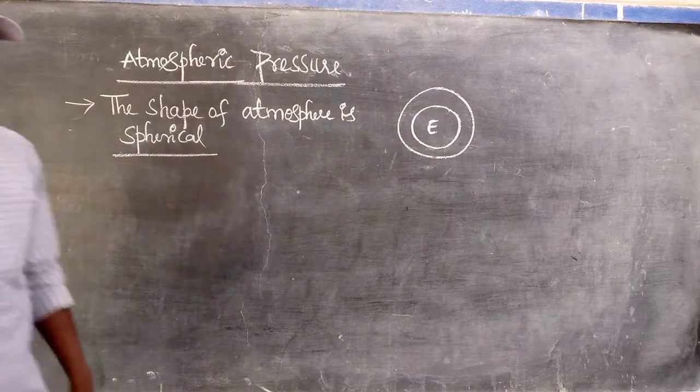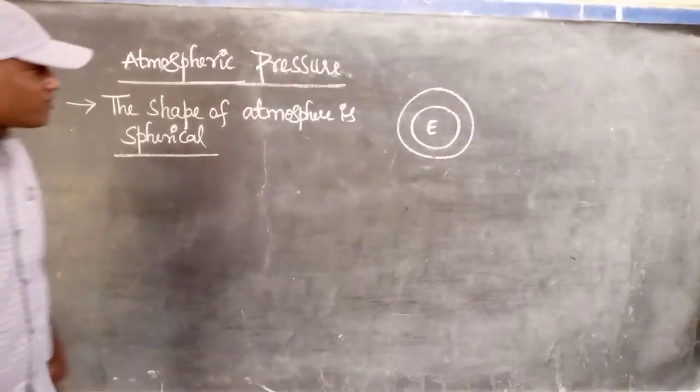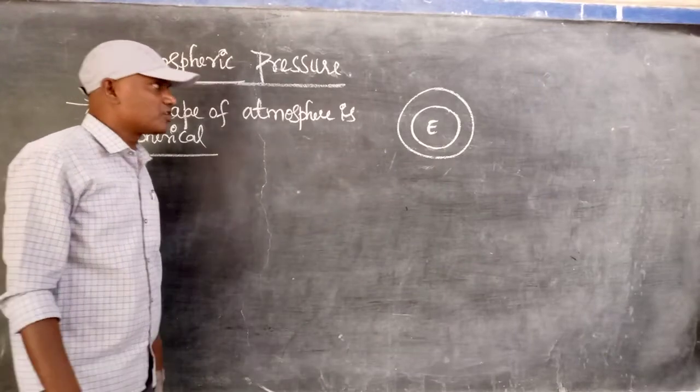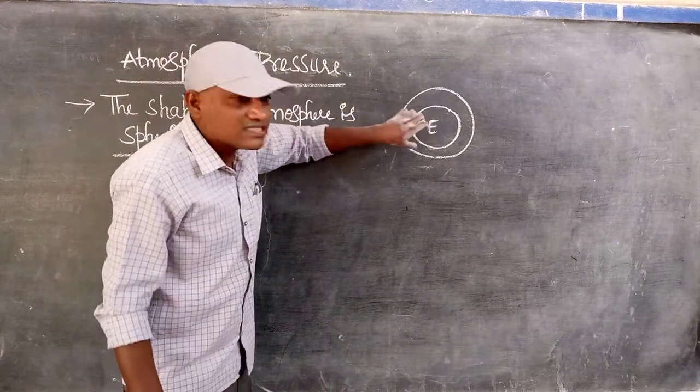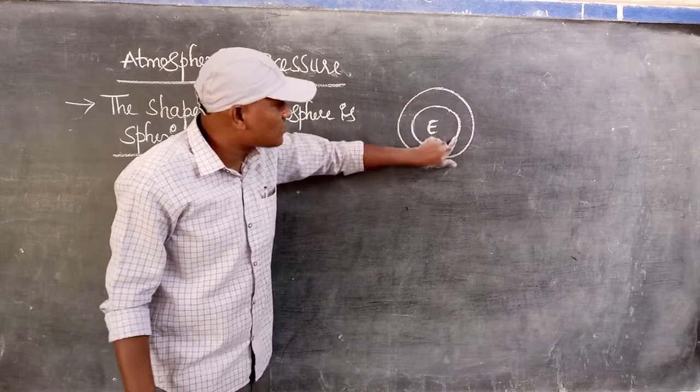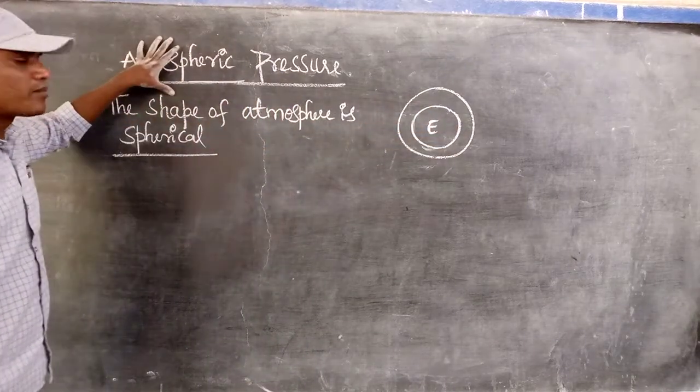The shape of the atmosphere is spherical because the earth is spherical. So once again, listen very carefully. Our earth is surrounded by a blanket of air, which is called the atmosphere.